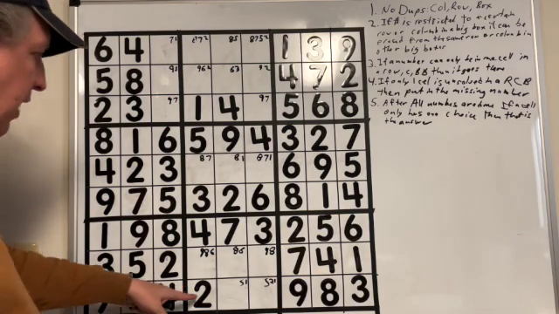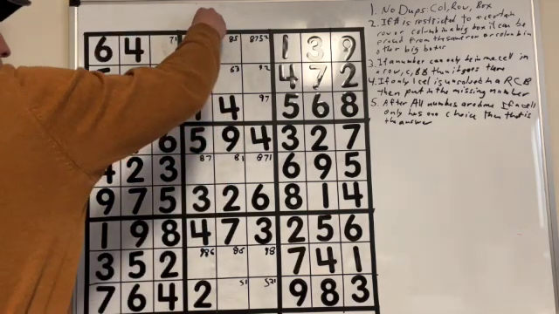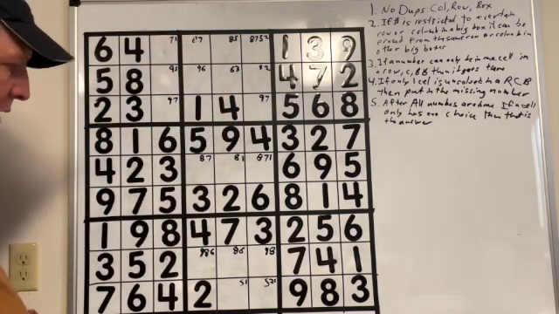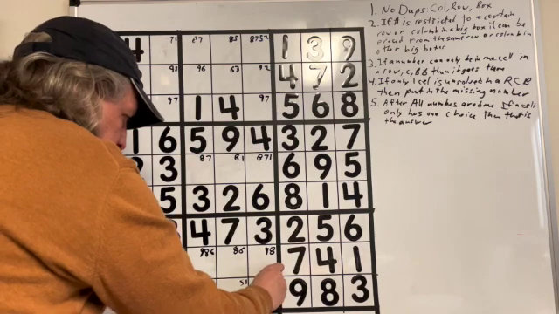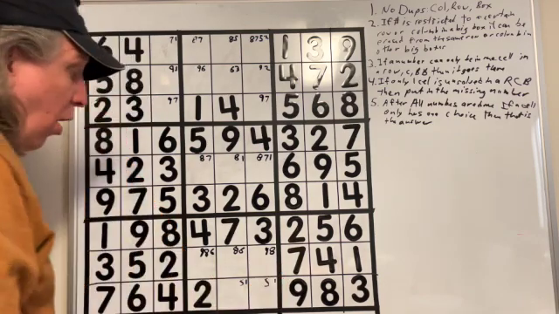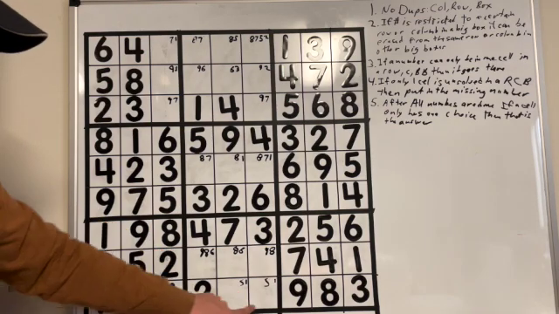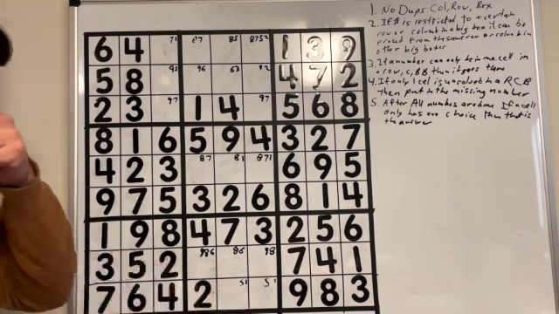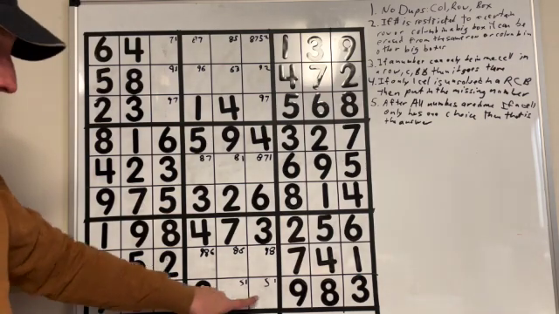I got to get rid of these 2s. There's 1 and there's 1. And this 2. So, there. Now, this is the other part of this pattern. Look at this, 5 1, 5 1. This is 2 cells, 2 options, 5 or 1.